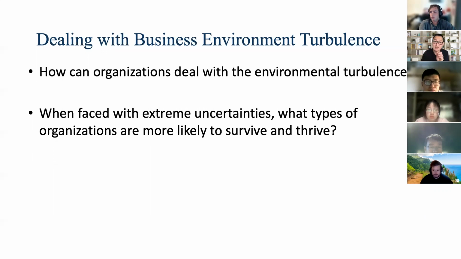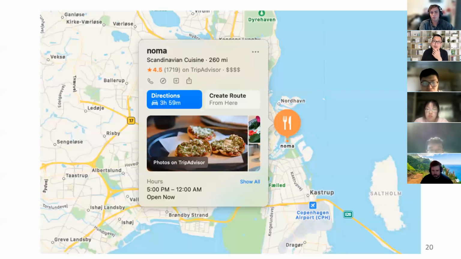We will base this discussion on one paper, but let me just give you some examples. Do you know what is the best restaurant in the world? The Danes probably know, Noma is a restaurant in Copenhagen, and it has been ranked as the number 1 restaurant for many years. Sometimes it drops from number 1, but it's close to the top.